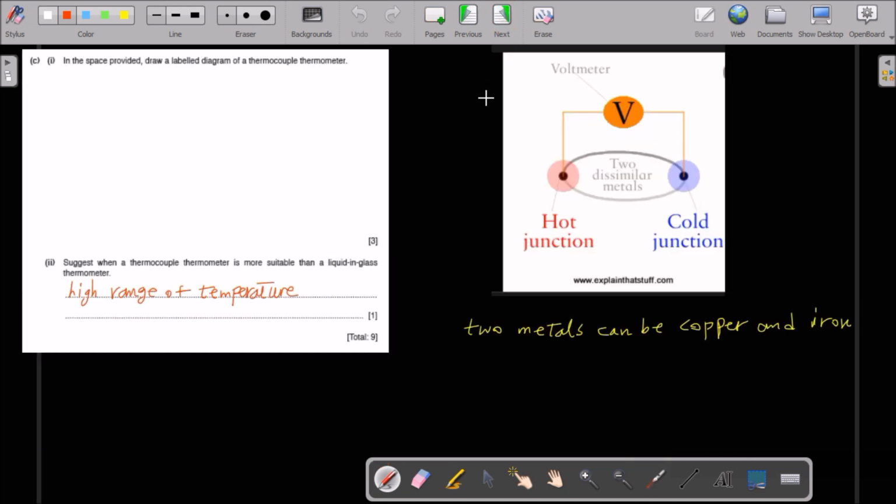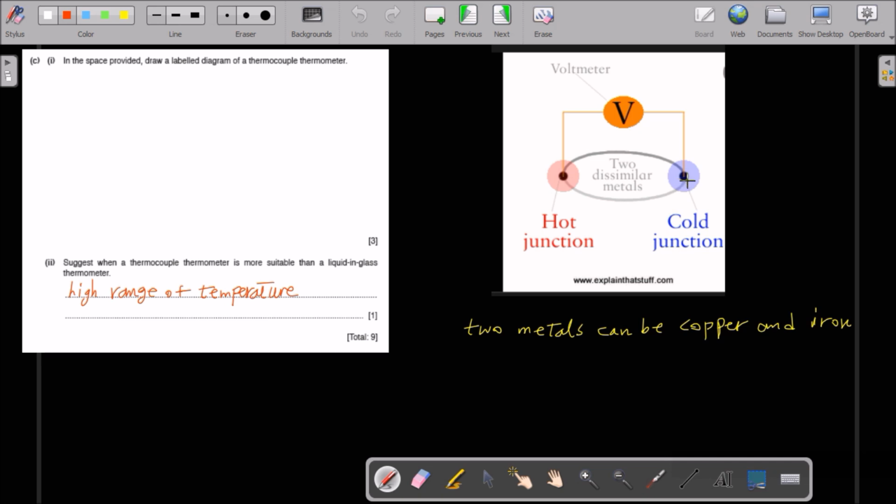Part C. In the space provided, draw a labeled diagram of a thermocouple thermometer. So you know that a thermocouple thermometer has 2 junctions, hot junction and cold junction, connected with 2 wires of 2 dissimilar metals.